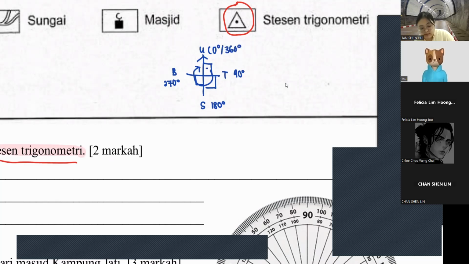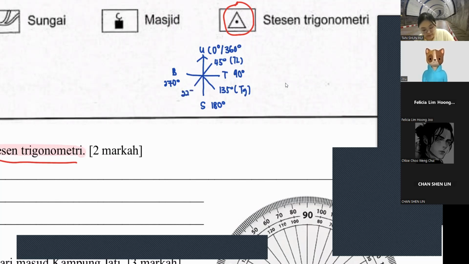This is the common situation if they are exactly at Utara, Timur, Selatan, Barat. But in the middle, normally we have 45, Timur Laut, and then 135, Tenggara. Don't worry, you can measure using the protractor. I'm just telling you that they have such things.